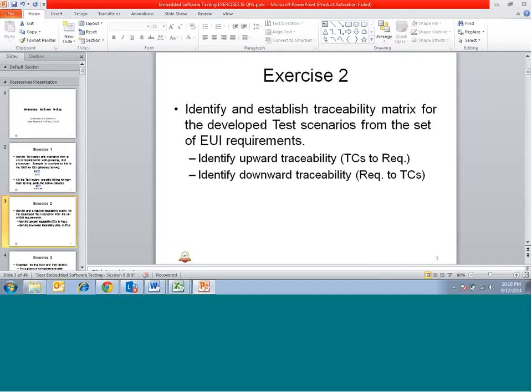Similarly, test cases to requirements. The two are different. Both are required because the coverage perspective is different. Test cases to requirements is called upward traceability, and requirements to test cases is called downward traceability.